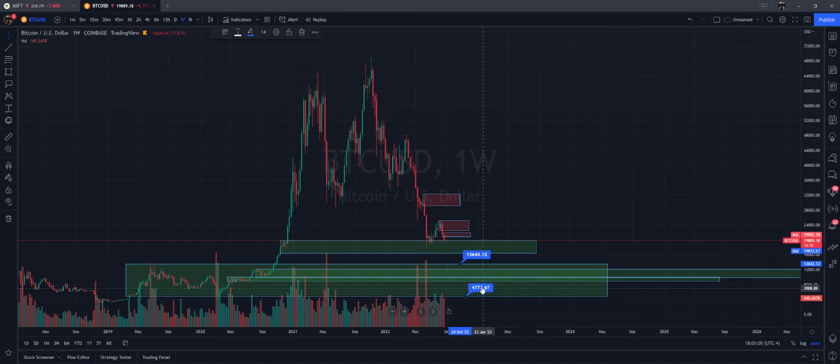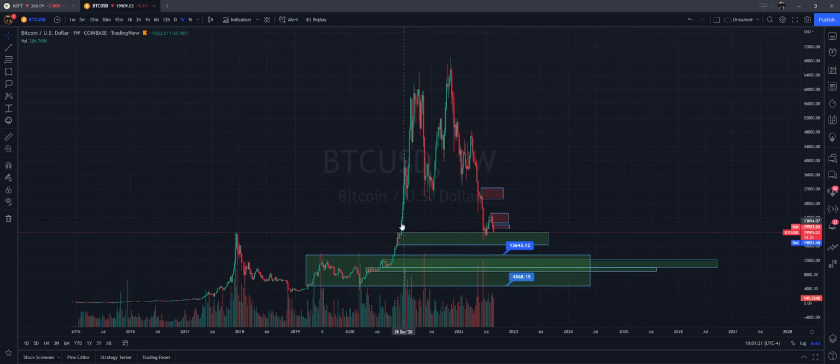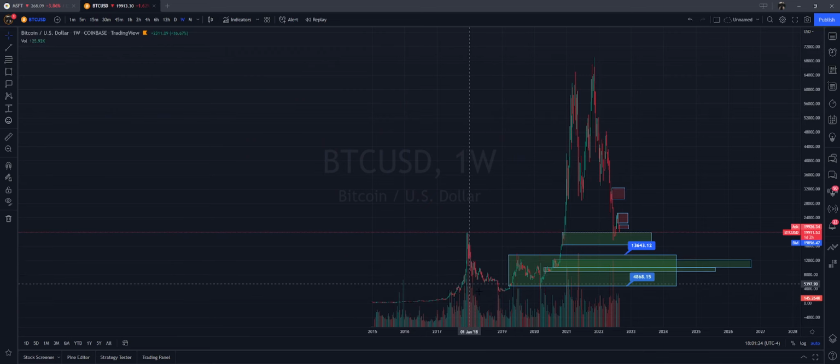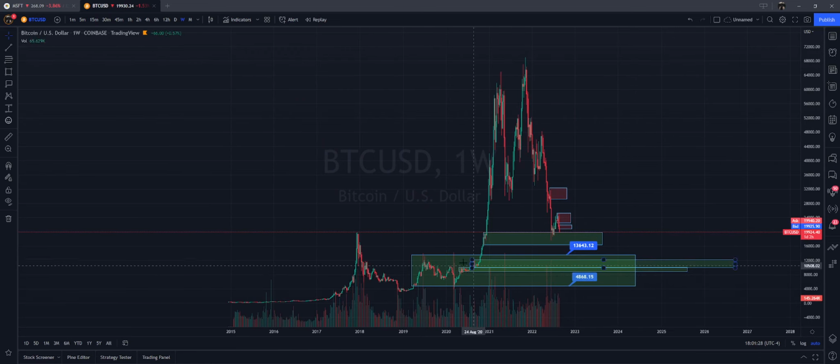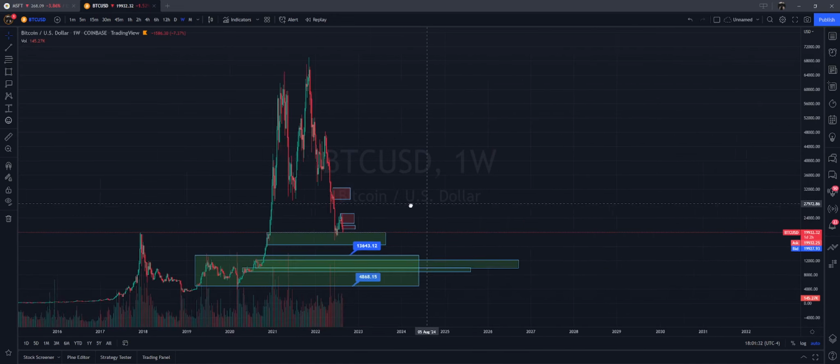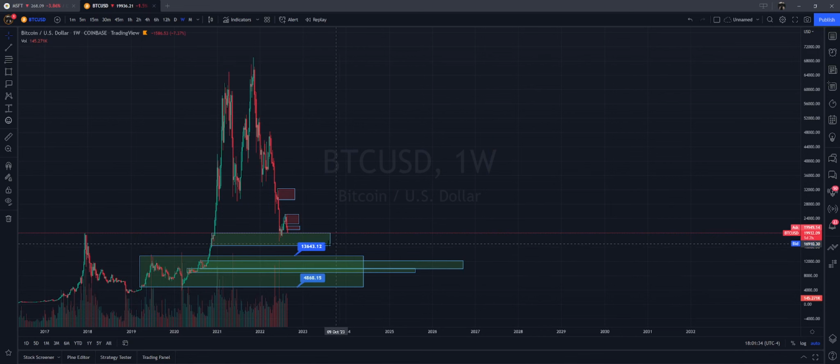So the 13 and 4,000 area is actually my buying area. When I see Bitcoin at this level, I'm going to start dollar cost averaging. I'm going to buy it maybe every month or so, slowly, and then once it has a bull run again and the Fed starts printing money again, we should see a strong upside movement because there's so much money in the system.